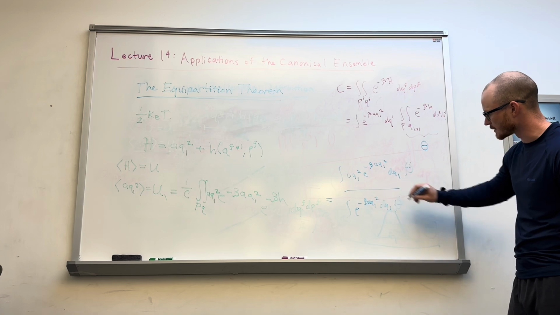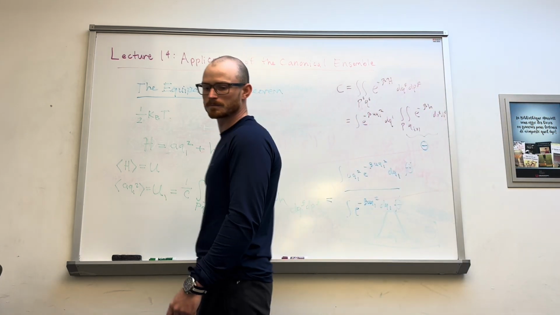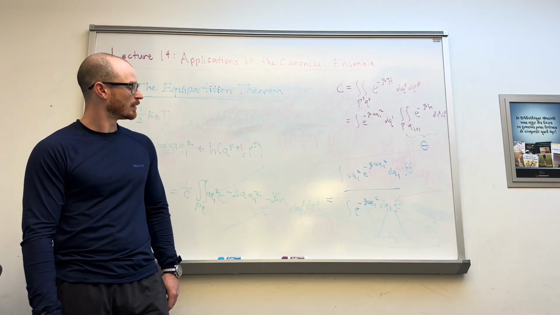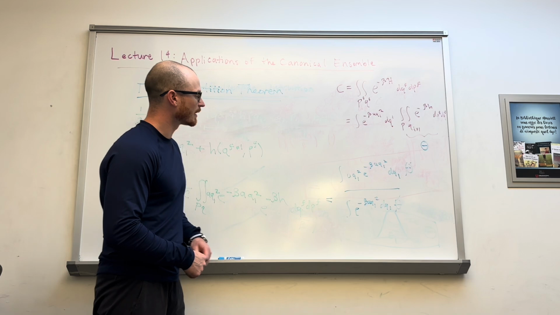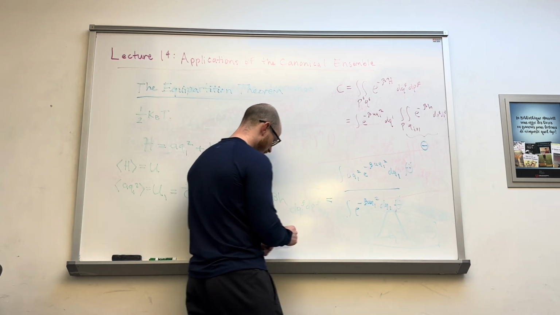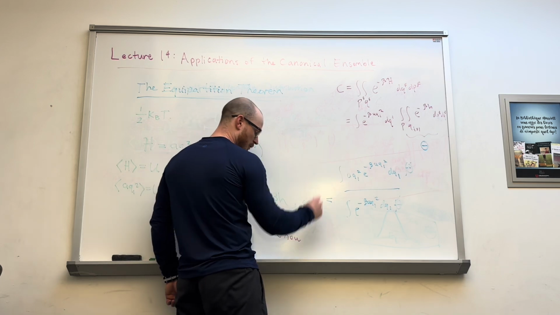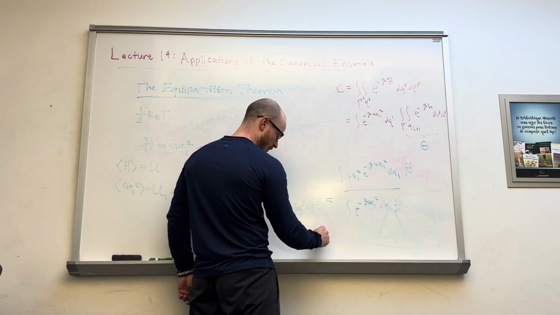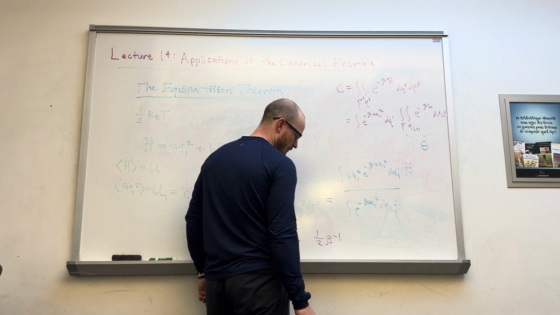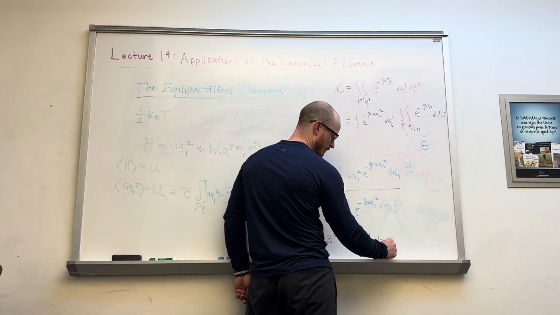Well, those just cancel out, right? And now that we're here, I'll leave it as an exercise to show that this reduces to 1/2 beta to the minus 1, or equivalently 1/2 kBT.